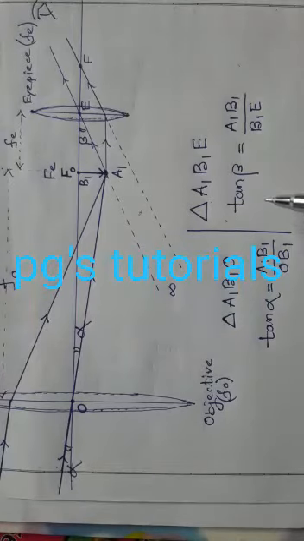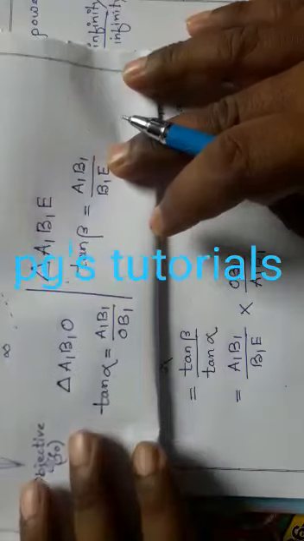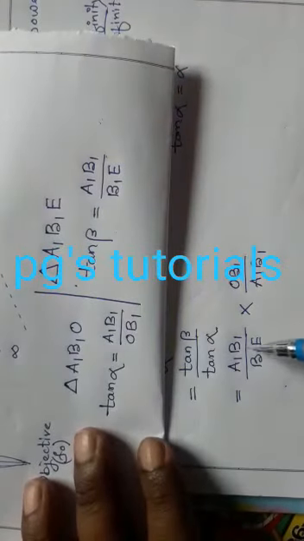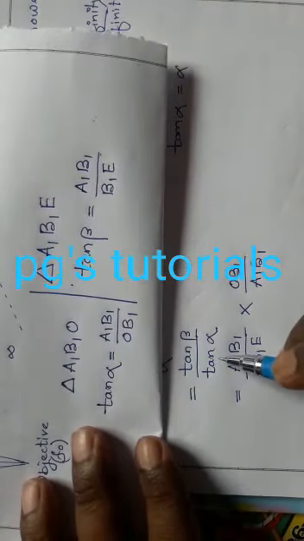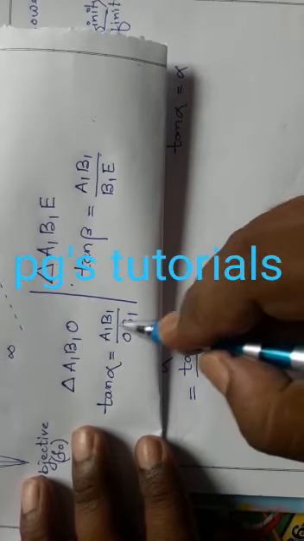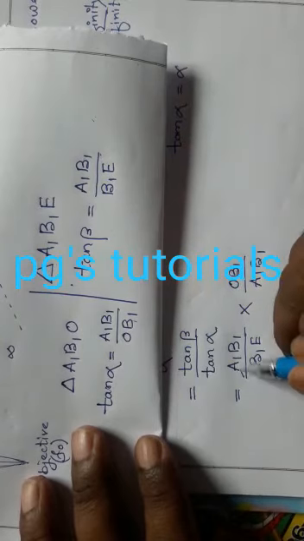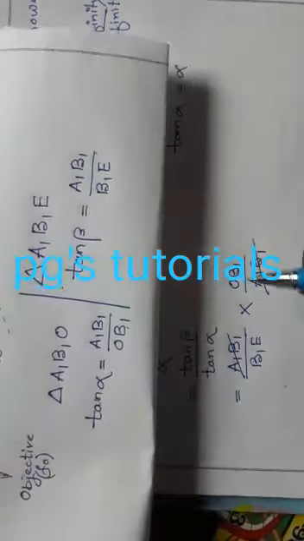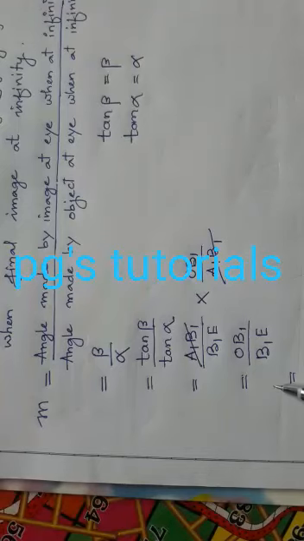Now we'll substitute tan beta and tan alpha in the expression. Tan beta is A1 B1 by B1E divided by tan alpha, so it will be reciprocal, OB1 by A1 B1, then A1 B1 will cancel each other. Thus we have M equals OB1 by B1E.